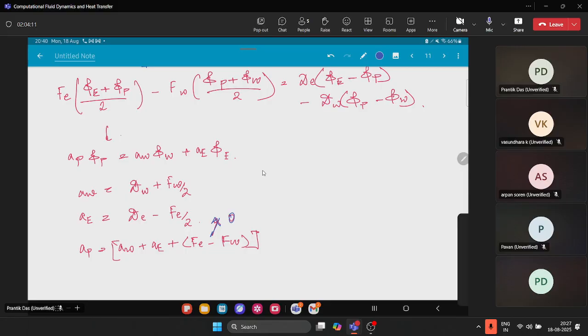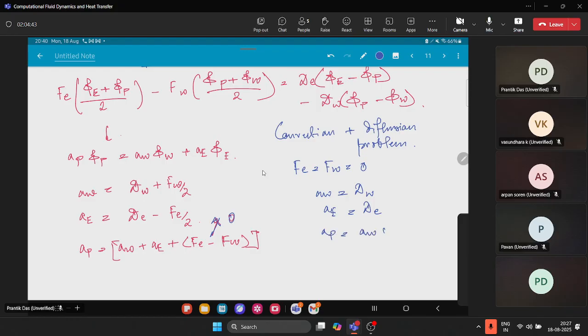One thing you can clearly see is that this is a convection diffusion problem, convection plus diffusion. If I consider Fe and Fw to be equal to 0, then this reduces to: Aw is basically Dw, Ae is basically De, and Ap is Aw plus Ae.